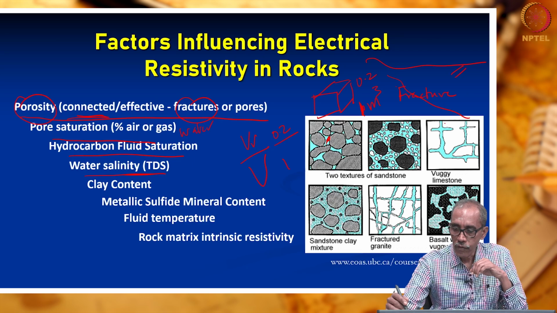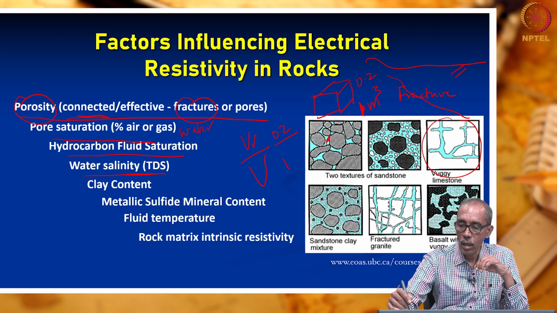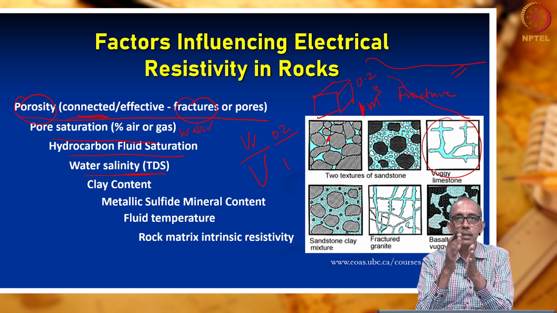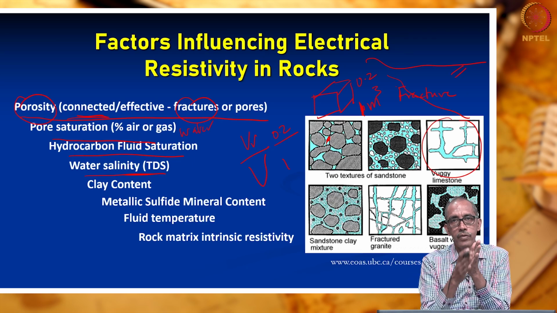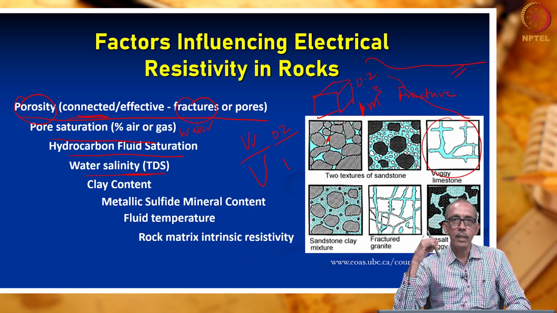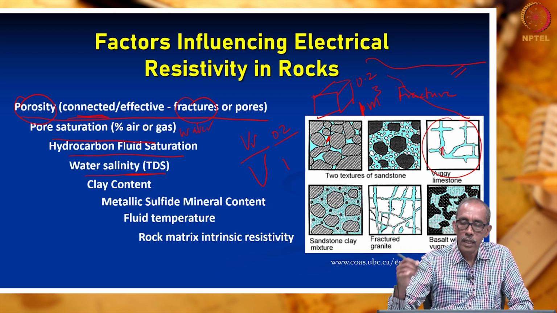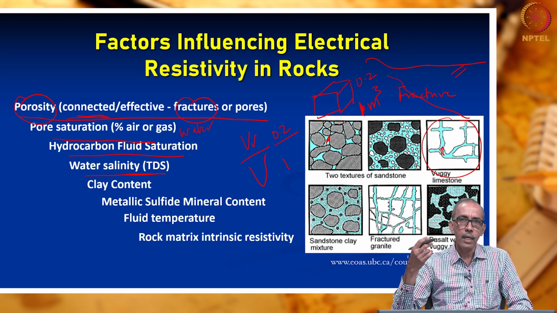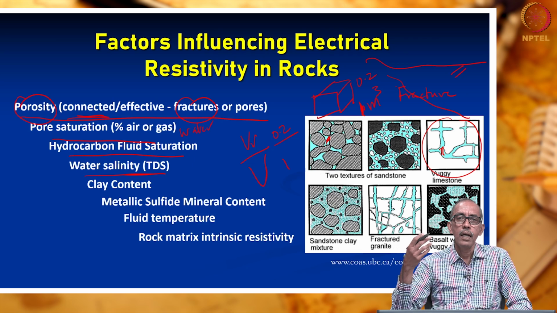Imagine here is a formation, a limestone rock which is capable of developing a large number of caves, because limestone can be easily dissolved by rainwater, and lots of caves get developed. Suppose the water is fresh water, right, reasonably good water, resistivity will be a little bit higher, right?